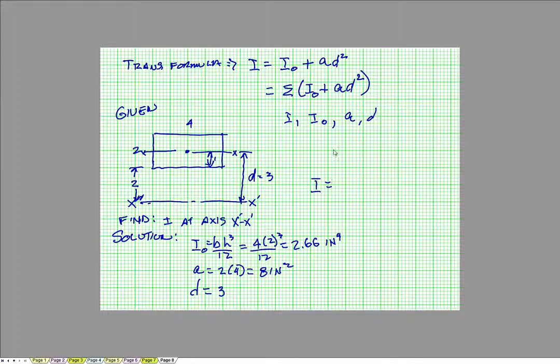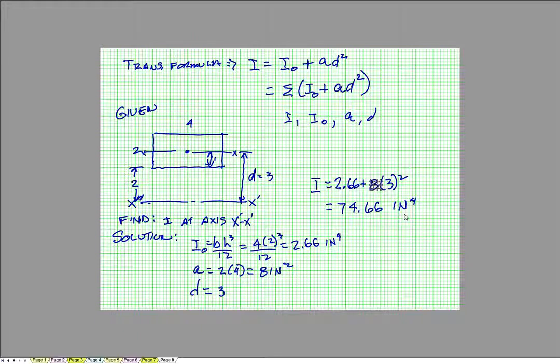So I equals I sub O, 2.66, plus the area, that is 8 times the distance squared, which gives .66 inches to the fourth.